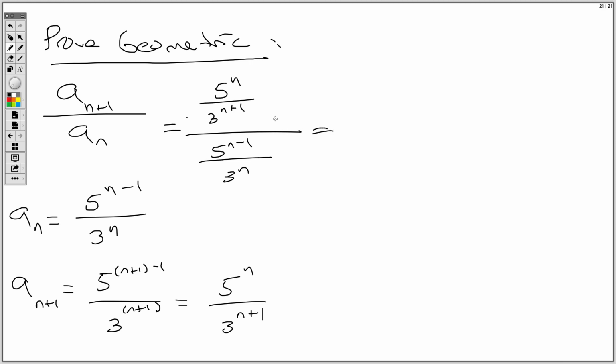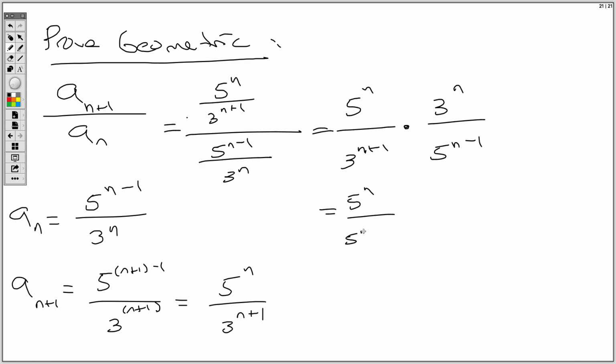So now we're going to go through our usual fraction gymnastics. 5 to the n over 3 to the n plus 1 times the reciprocal, 3 to the n over 5 to the n minus 1. And so let's group together here what goes together. I've got a 5 to the n over 5 to the n minus 1 times a 3 to the n over 3 to the n plus 1.